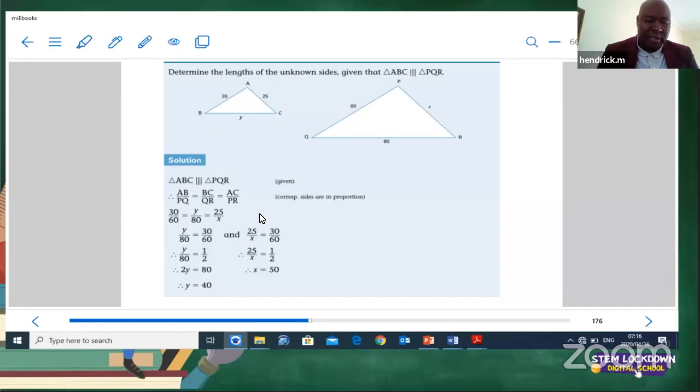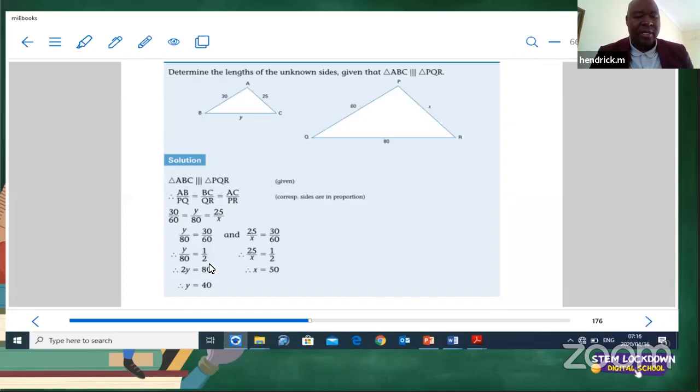And then, of course, what has happened here? 30 over 60 is the same as 1 over 2. How do you find it? Because 30 into 30 goes how many times? It goes once. And into 60, twice. That is why you've got Y over 80 there equal to 1 over 2.